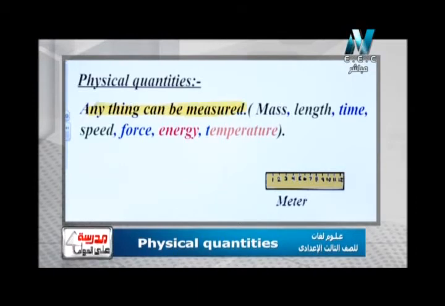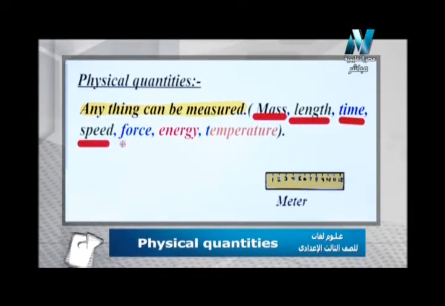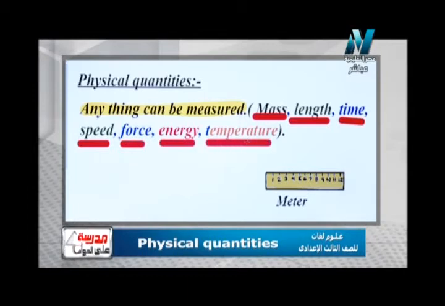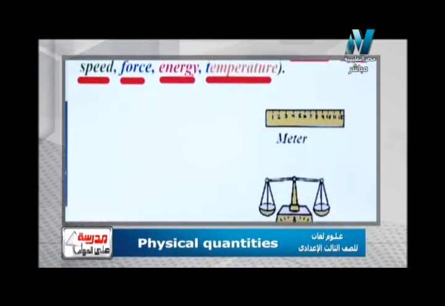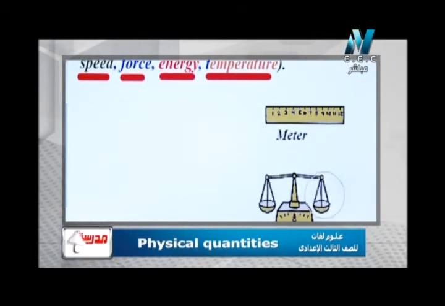Here we have many physical quantities: mass, length, time, speed, force, energy, temperature, density, and so on. We have a ruler used to measure, for example, the length, or the balance used to measure the mass of objects.